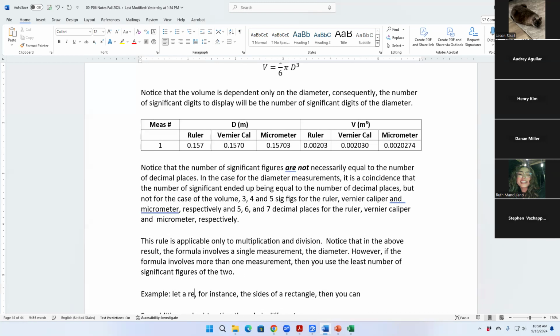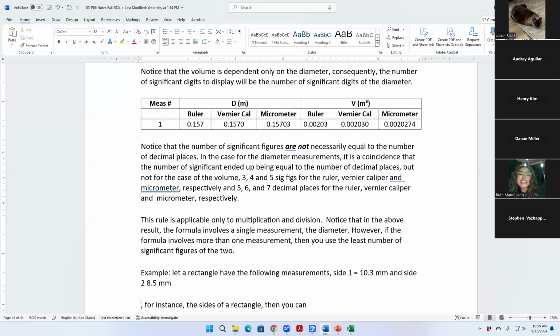Example. Let a rectangle have the following measurements. Side 1 equal to 10.3 millimeters, and side 2, 8.5 millimeters, okay?